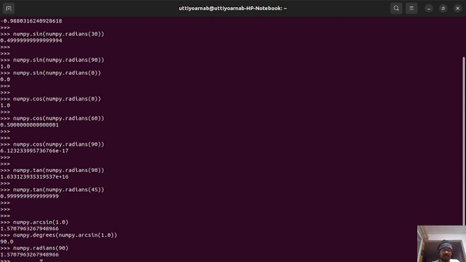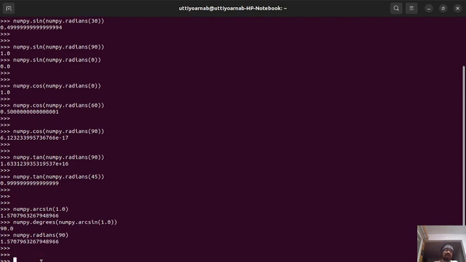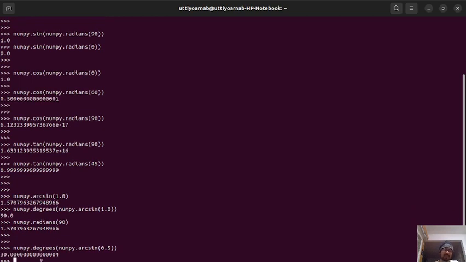Remember this is very important while calculating trigonometric and inverse trigonometric functions. For testing some other values, let us do 0.5. Sine inverse 0.5 must give 30 degrees, so we convert that radian value to degrees. Yeah, 30 degrees.